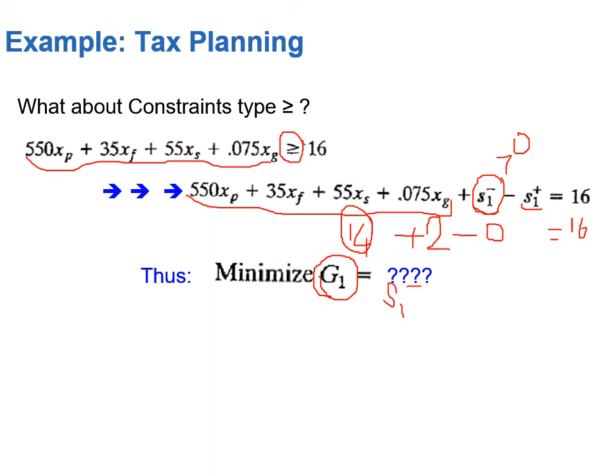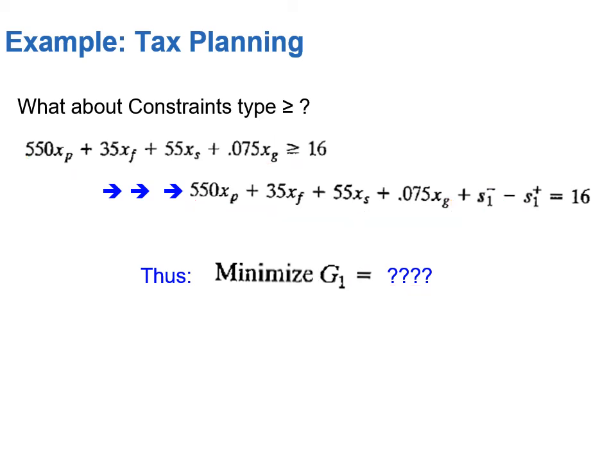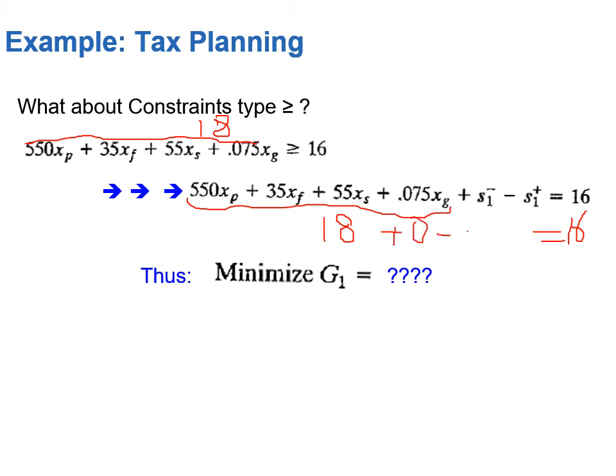Okay. Let's consider the other case. Assume that this summation over here is 18. So in fact, we are exceeding our target value and we are happy. But in order to satisfy this constraint, what happens? Let's see. The S1 minus should be 0 and the other one should be 2, so that this is satisfied as an equality.